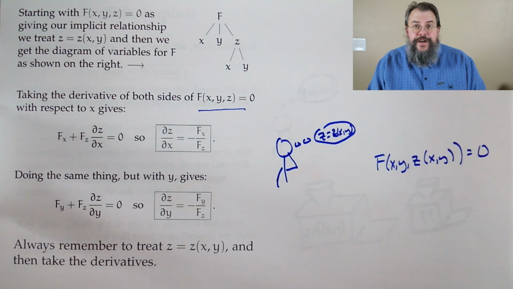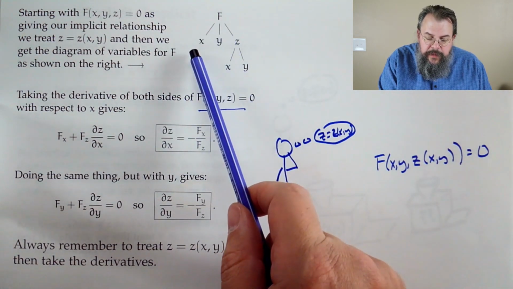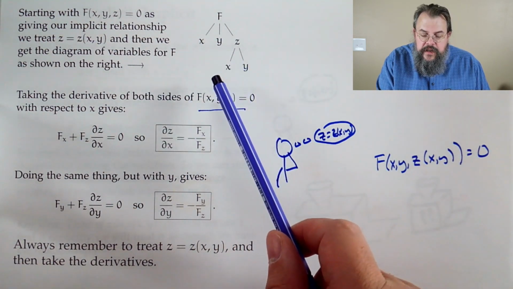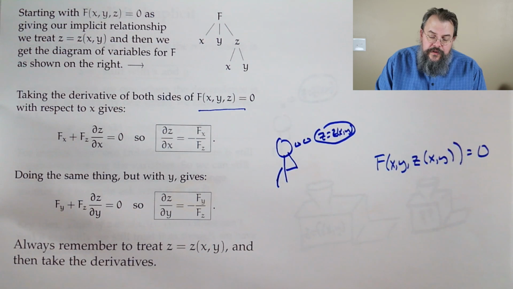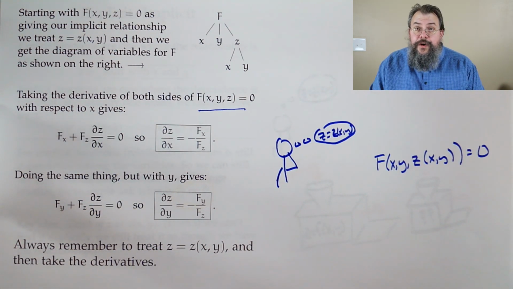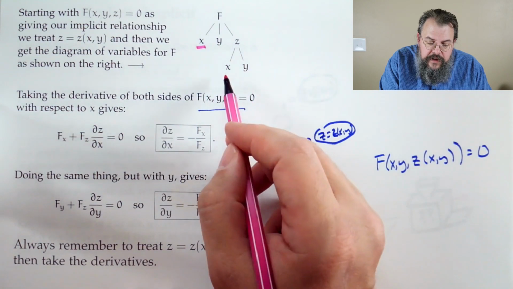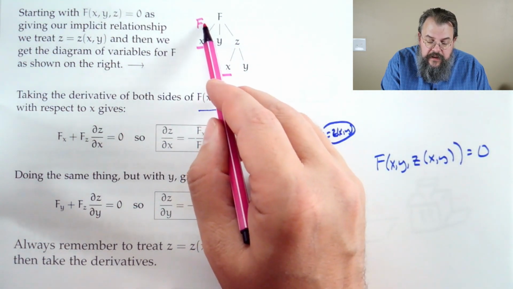So our function f depends on three things, x, y, and z, but z depends on x and y. Now we take our derivatives, and suppose I want to take the derivative with respect to x. Where does x show up? Well, if we look at the chart, it shows up in two places, so I'm going to have two terms. There's this derivative, which I can call f sub x.